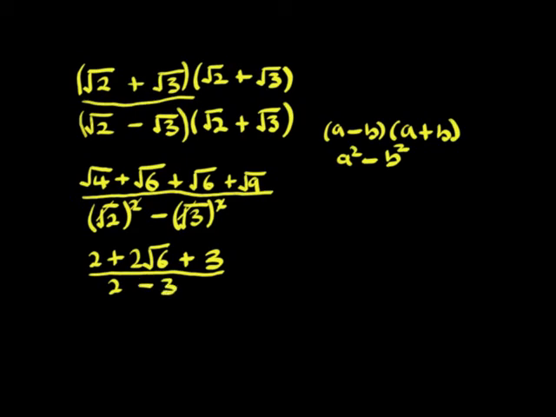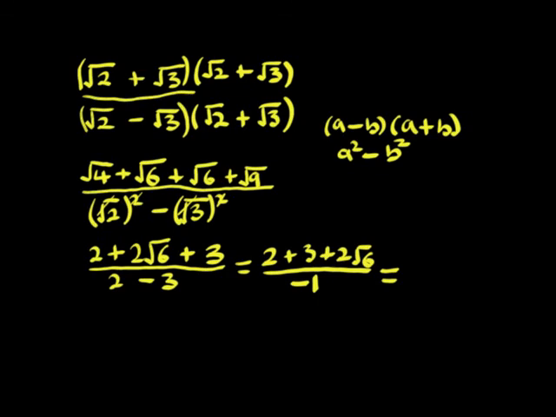So we collect like terms and we have 2 plus 3 plus 2 root 6 plus 2 root 6 divided by, now 2 minus 3 gives us minus 1. So in the aftermath, 2 plus 3 gives us 5 there, plus 2 root 6 plus 2 root 6 all over minus 1.